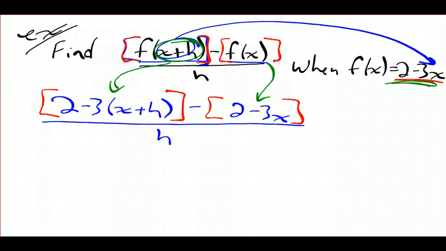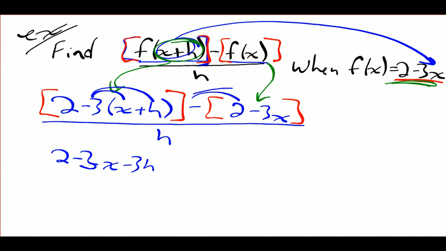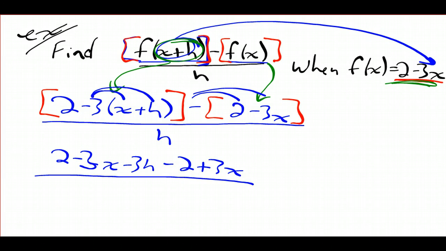I have -3 times x and -3 times h, so I can say this is 2 minus 3x minus 3h. This negative will distribute through that bracket. So minus 2 plus 3x, all of it still over h.